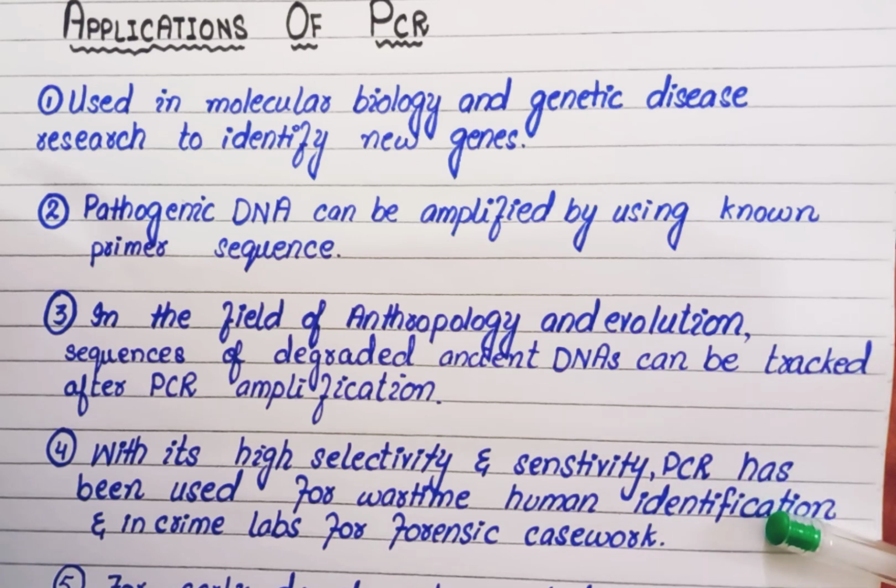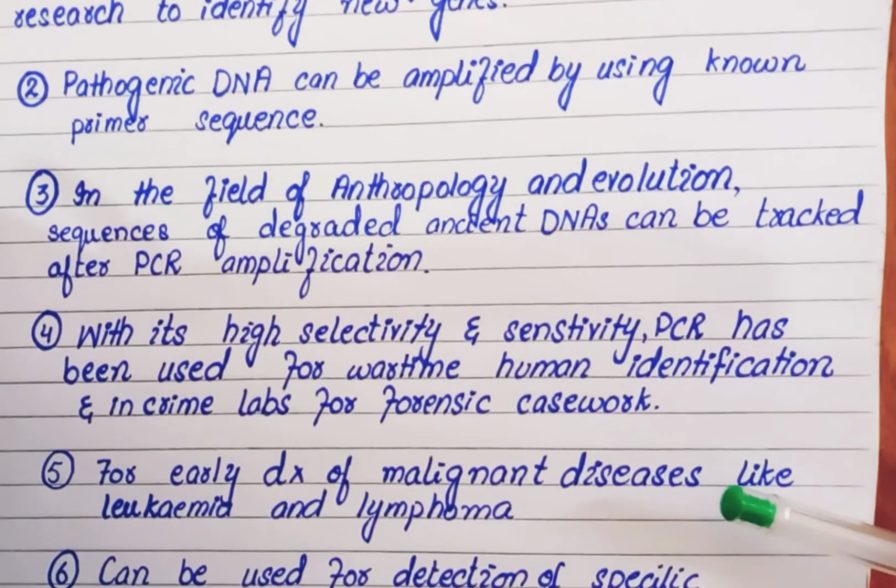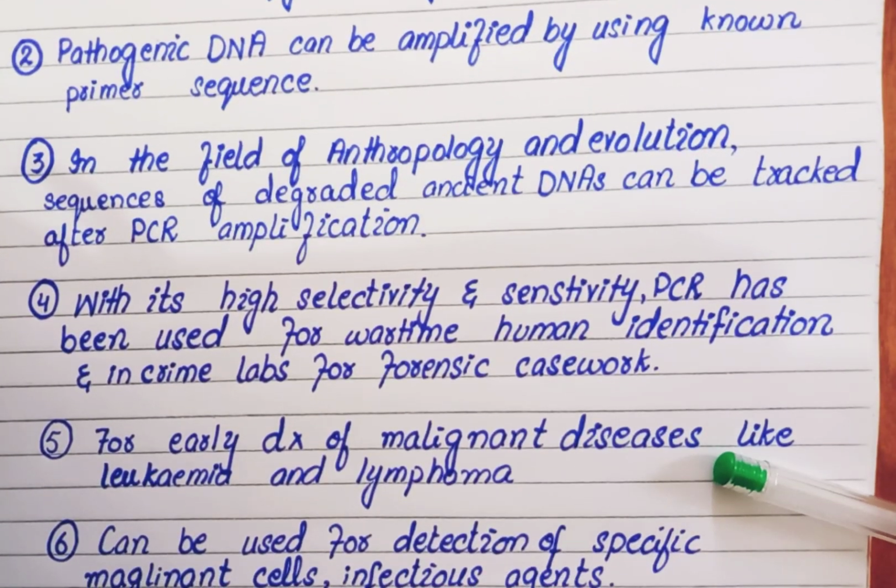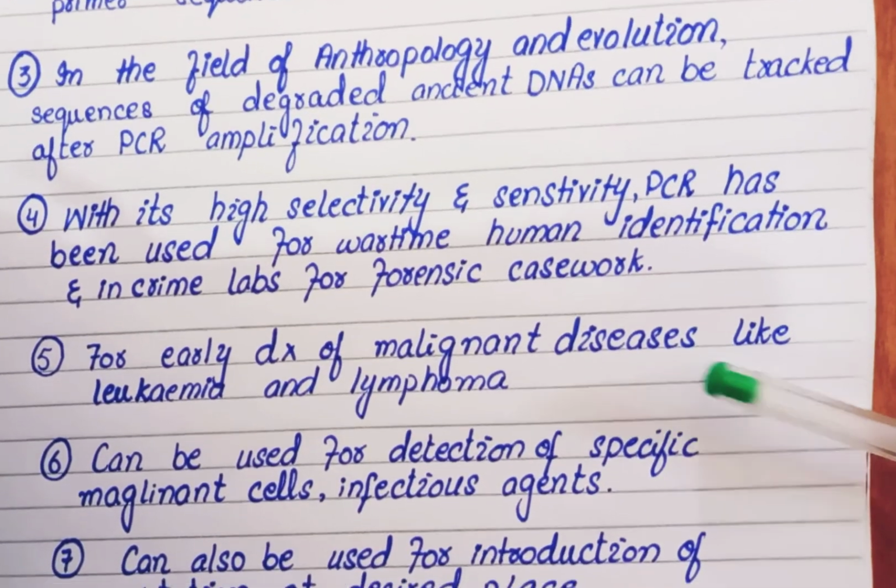Fourth, with its high selectivity and sensitivity, PCR has also been used for wartime human identification and in crime labs for forensic casework. Fifth, it can also be used for malignant diseases like leukemia and lymphoma.